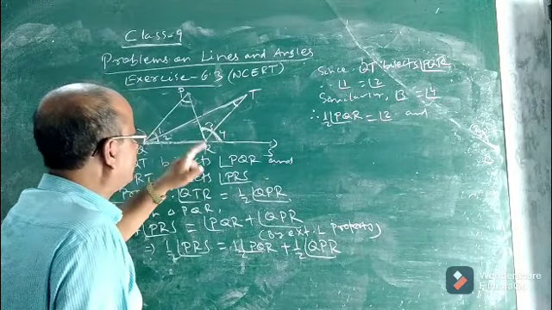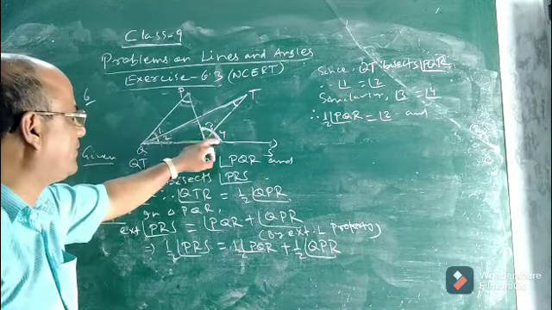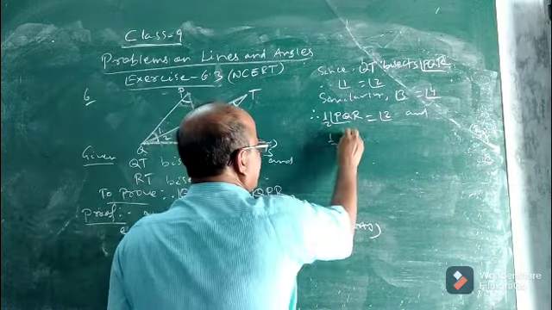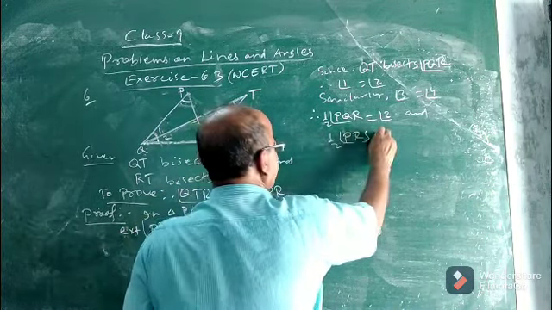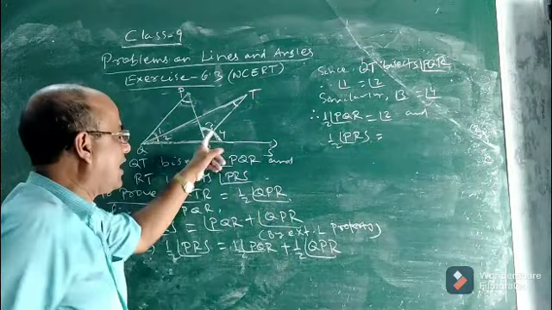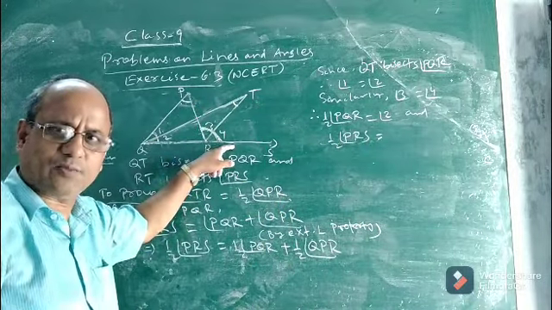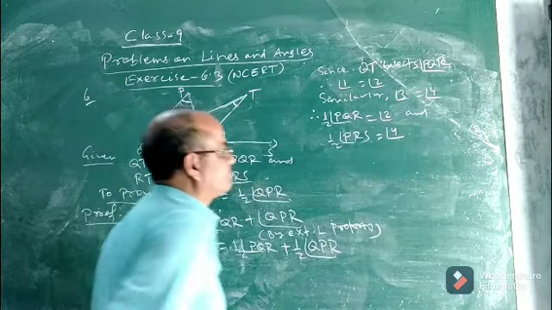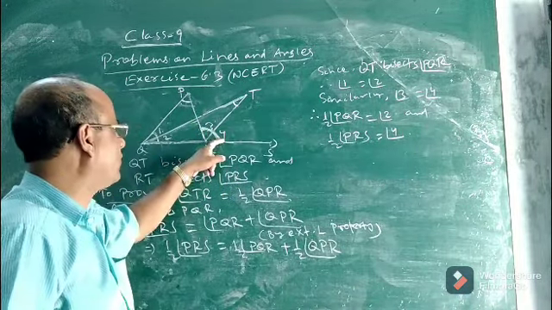So half of PRS will be equal to which angle? Half of PRS will be either 4 or 3. Half of PRS is equal to 3 as well as 4. But you take 4 here so that it will be easier. So half of PRS equal to 4.